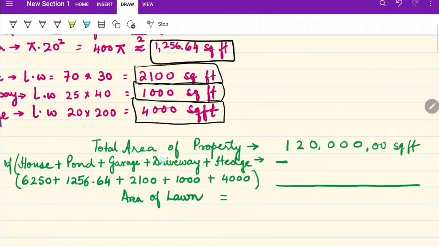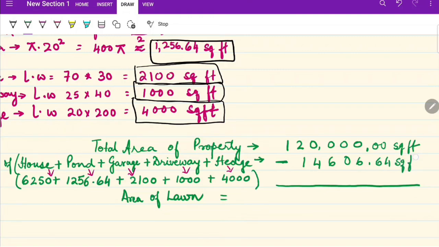I've already written down the total area of the property is 120,000 square feet. Now when we sum up the areas of the house, which is 6,250, and then this is the area of the pond, garage was 2,100, driveway was 1,000, and hedge was 4,000 square feet, they all add up to 14,606.64 square feet.